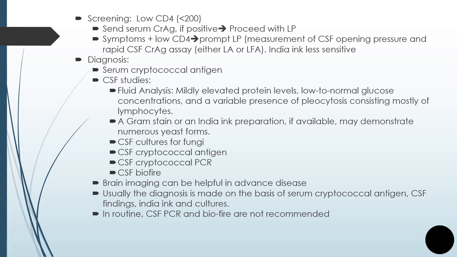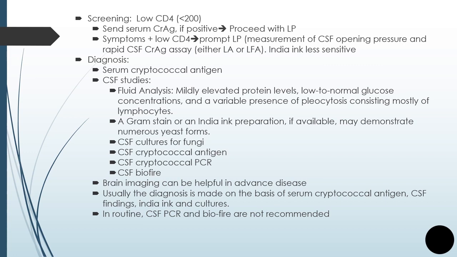Gram stain or an India ink preparation can be done if available and may demonstrate numerous yeast forms in advanced disease. CSF cultures for fungi can be sent, CSF cryptococcal antigen can be sent, and CSF cryptococcal PCR can be done, and CSF BioFire can be performed. However, PCR and BioFire are expensive and not easily available.